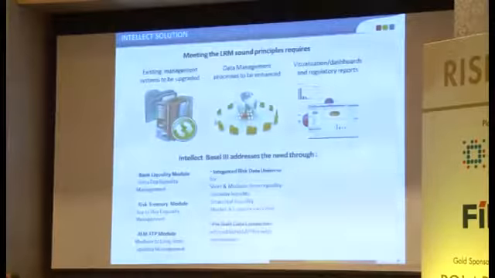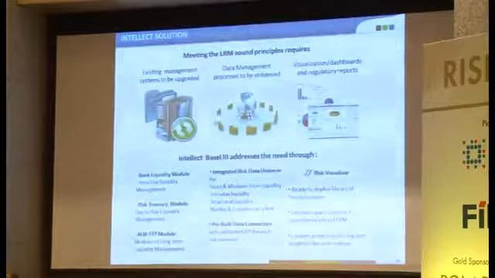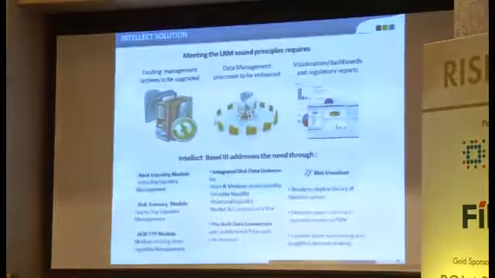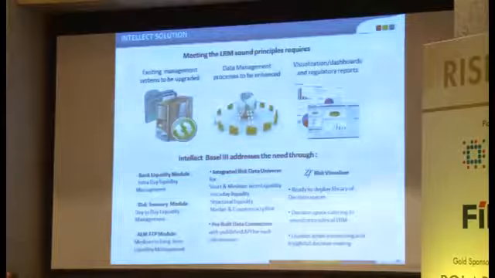So how do you do that? So basically what you need is a solution. You need to manage this on a real-time basis. You need to have systems which are being supplied with data from your underlying different disparate systems. Could be trade finance, could be treasury, could be retail.